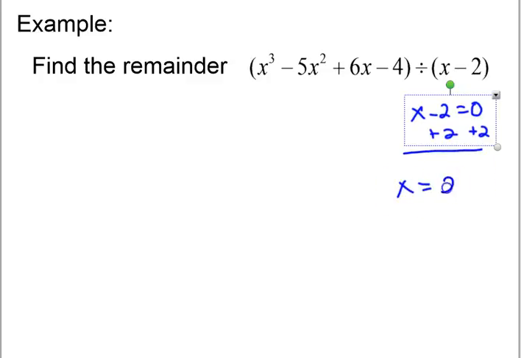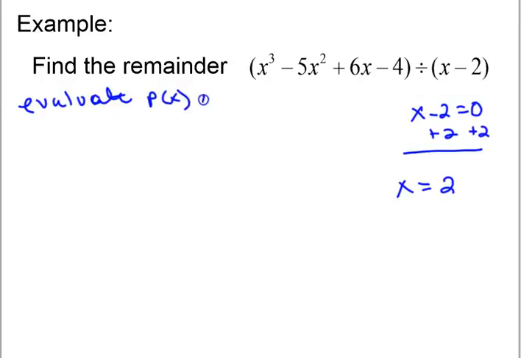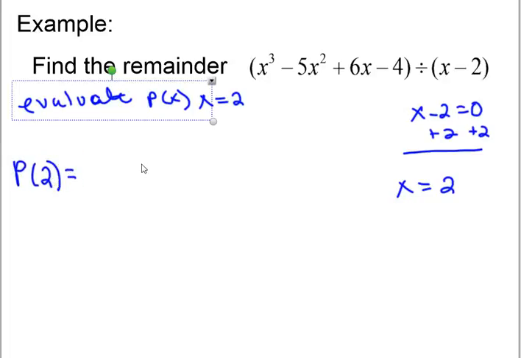So x is equal to 2. So I'm going to evaluate p of x when x is 2. So what that says is this polynomial evaluated at the number 2 is going to be, anywhere there's an x, I'm going to plug in 2. Minus 5 times 2 squared plus 6 times 2 minus 4.